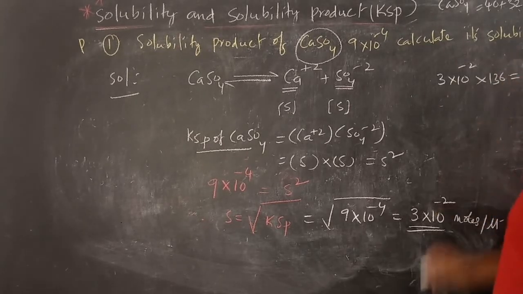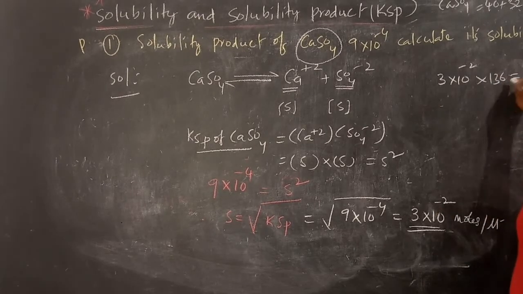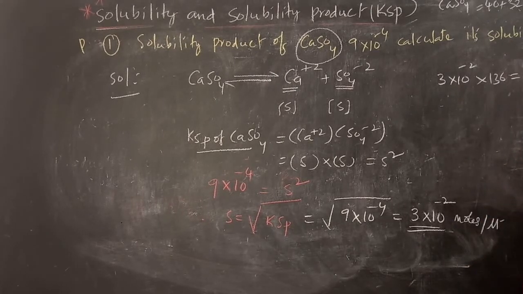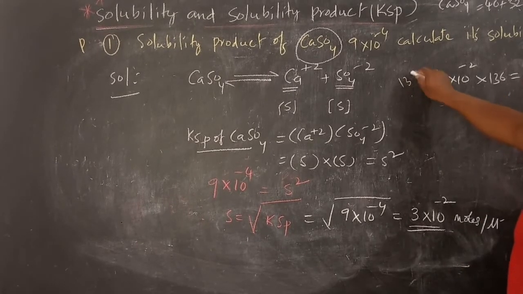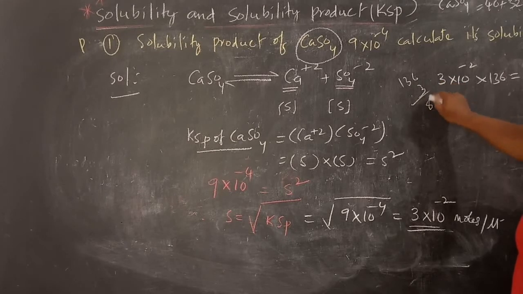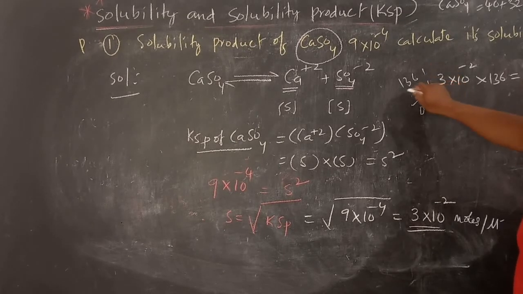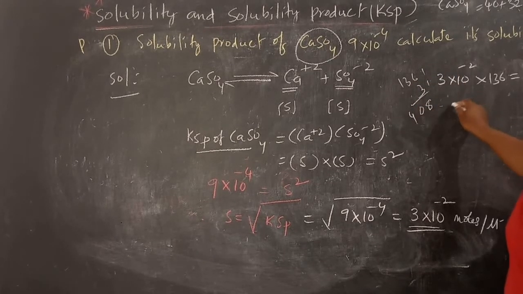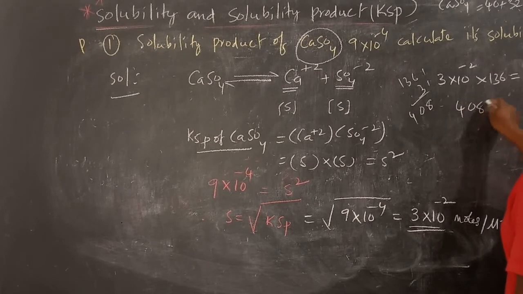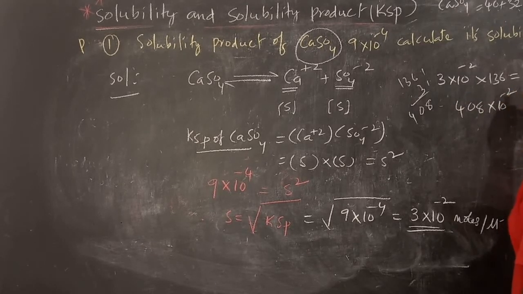Multiply with 136 and you get the answer in gram per liter: 136 times 3 is 408, so 408 into 10 to the power of minus 2 gram per liter.